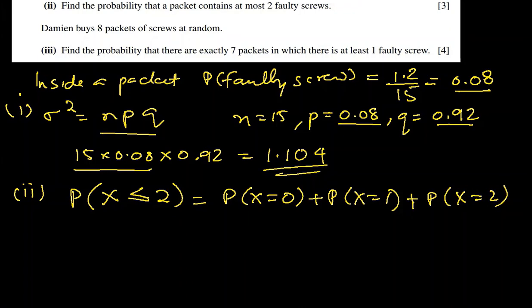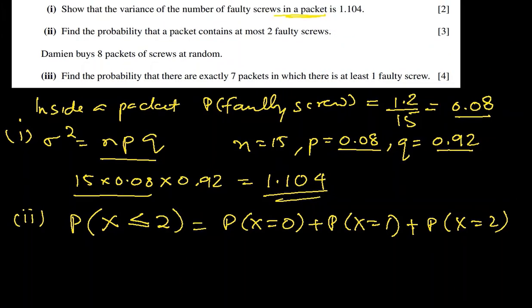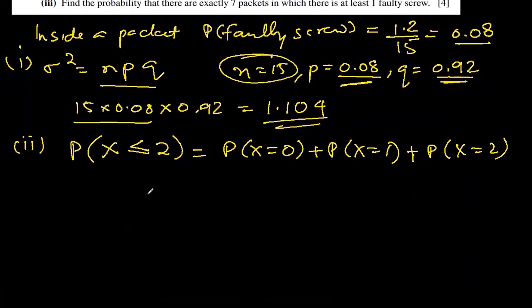Binomial distribution is applicable here because all four conditions are there. There is a success and a failure. All cases are independent. There is a fixed number of screws, or you can call them events, and the probability remains constant.